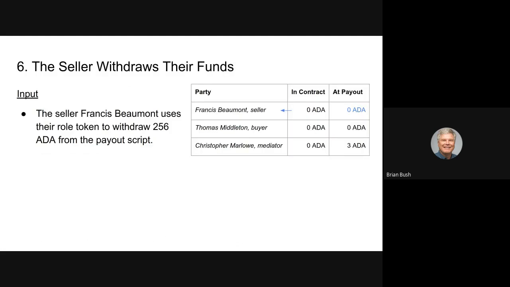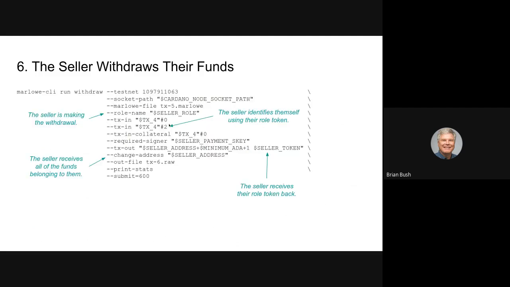So anyway, what we have here is the final cleanup steps of running the contract. The seller is going to withdraw their funds. So they're pulling out their 256 ADA to their address. And this uses a different command in Marlowe CLI. This is the withdraw command. It's very similar to the other ones, but maybe a little bit simpler.